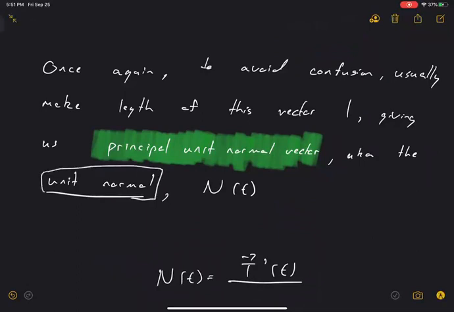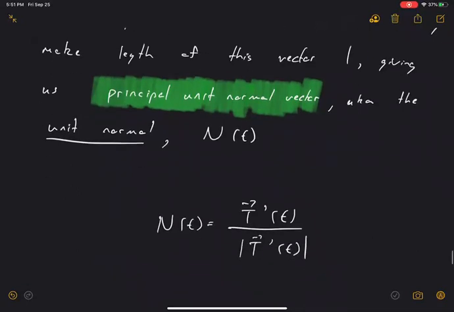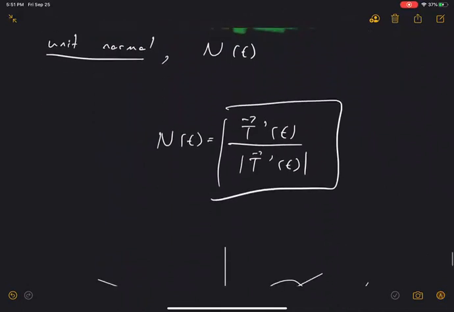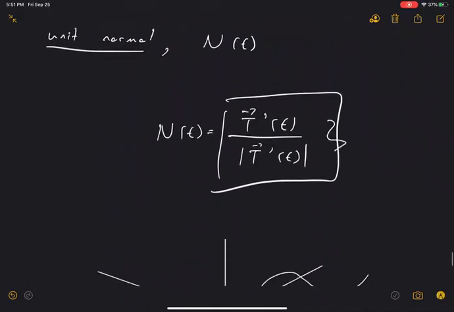When I say the unit normal, I mean this thing, capital N, which is T prime divided by its own magnitude. Remember, this is going to be a unit vector, meaning it's got length 1, and it's going to be normal to the curve r of t.